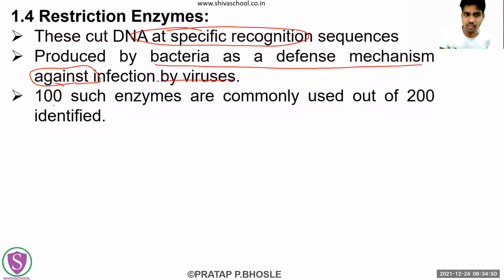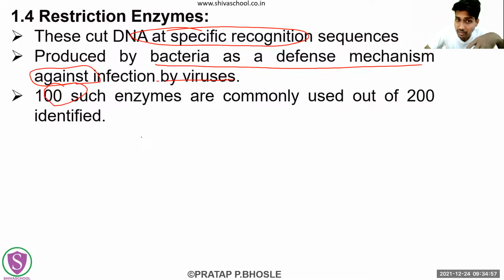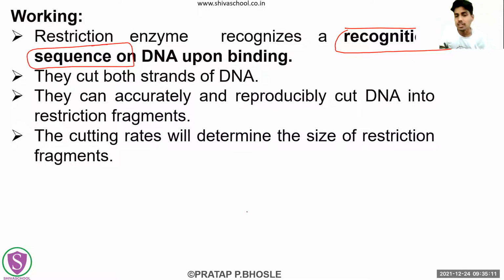Okay. So around 100 of these restriction enzymes are commonly used, and almost 200 of them are identified till now. Okay. There may be thousands or even millions of such restriction enzymes. Right. So what will be the working of these? Restriction enzymes recognize a particular area in the DNA that is called a recognition sequence.